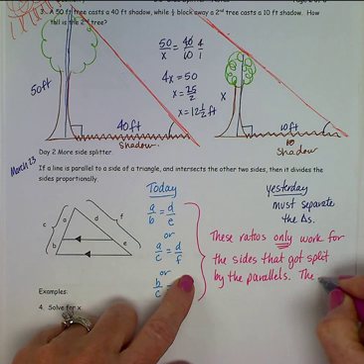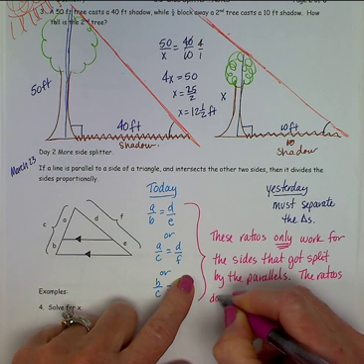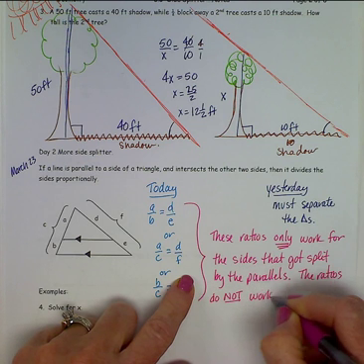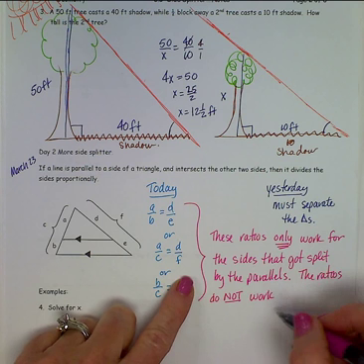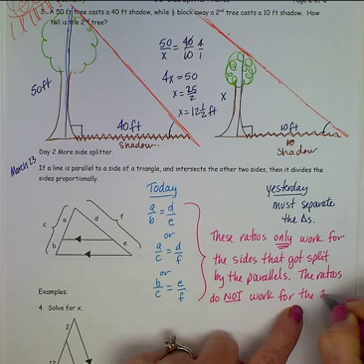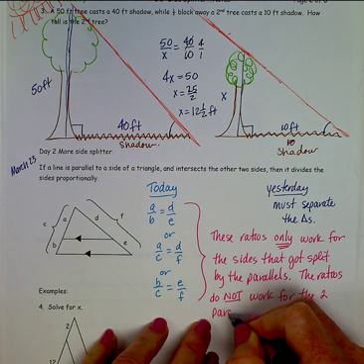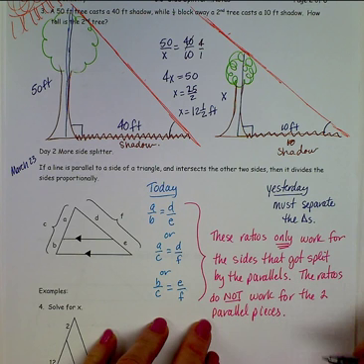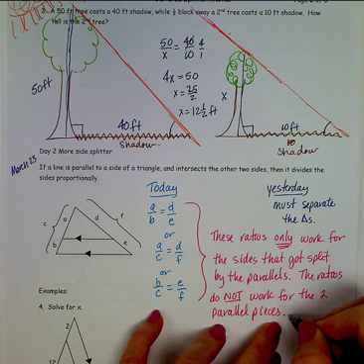The ratios do not work for the two parallel pieces themselves. When that happens, you must separate the triangles.